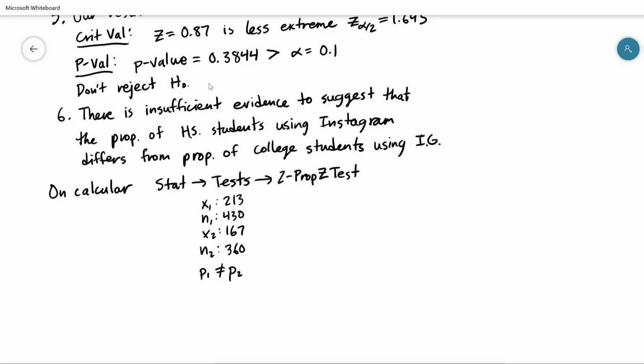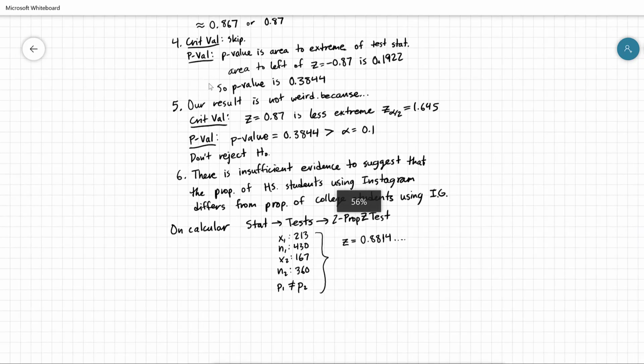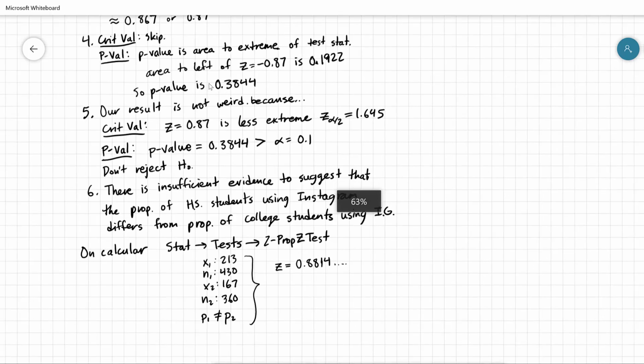Make sure I get my form of my alternate hypothesis correct and hit calculate. It spits out a couple of things for me. So it spits out the z-score, and in this case the z-score is 0.8814... It's a little bit different than the 0.87 that I found.